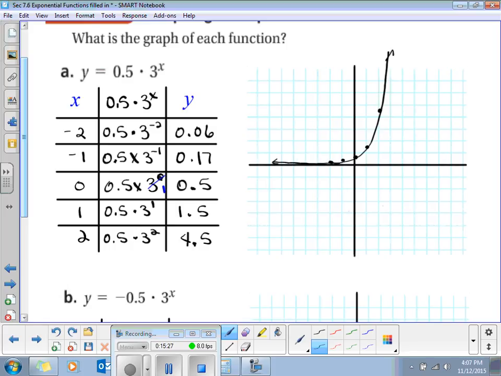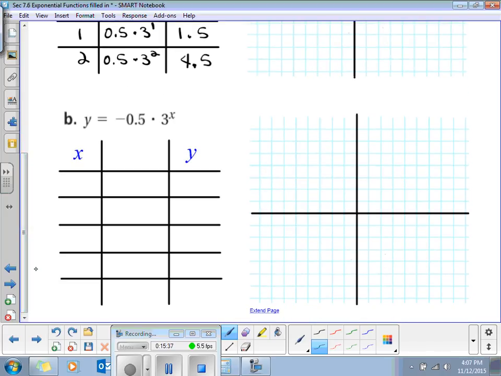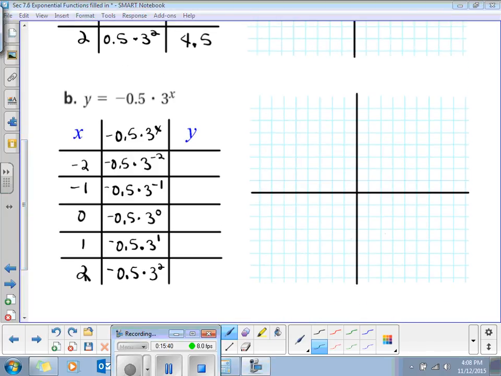Now, I want to show you what it would look like if we had a negative initial value. So here we did our substitutions, and we end up with a negative 0.06, a negative 0.17, a negative 0.5, negative 1.5, and a negative 4.5.